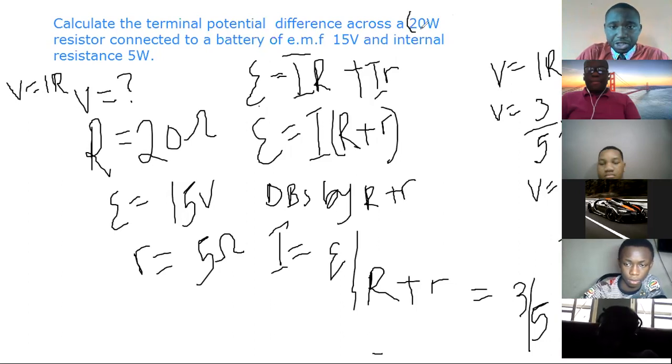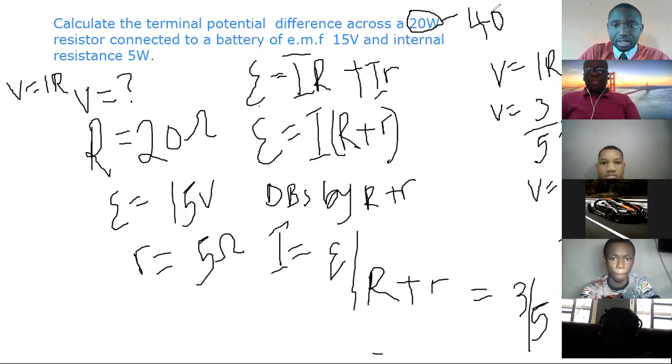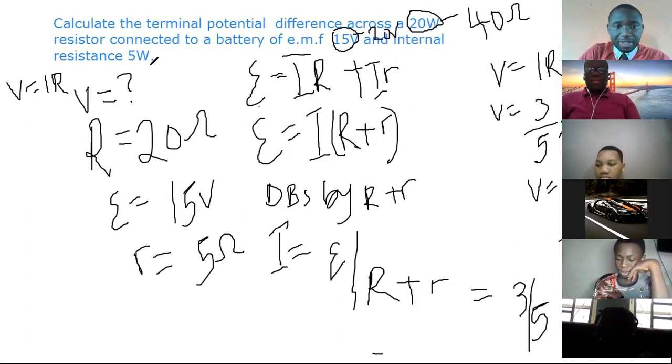I need you to change this one to 40 ohms. Change the EMF to 20 volts and leave your internal resistance as 5.